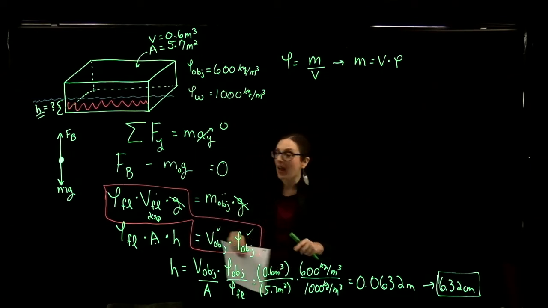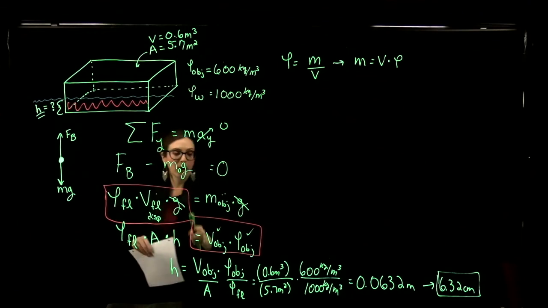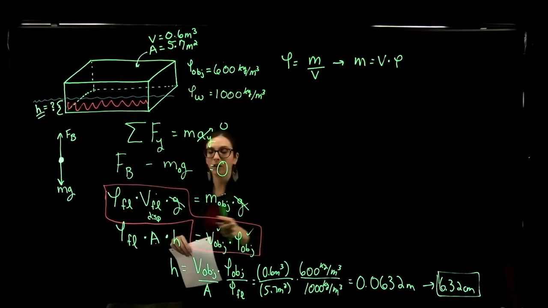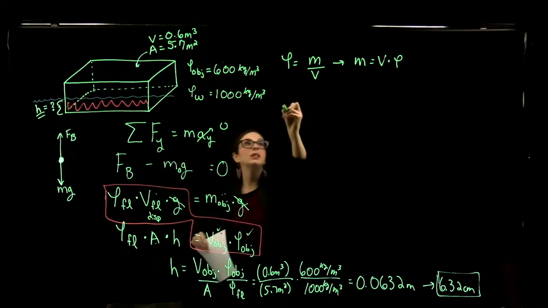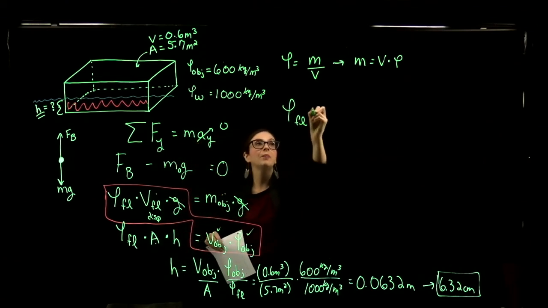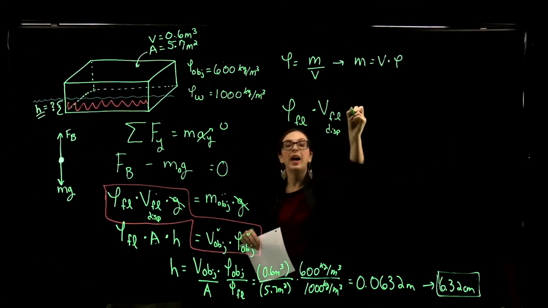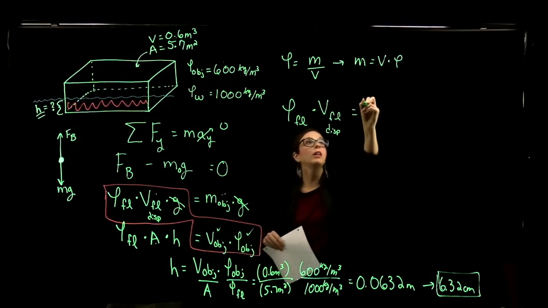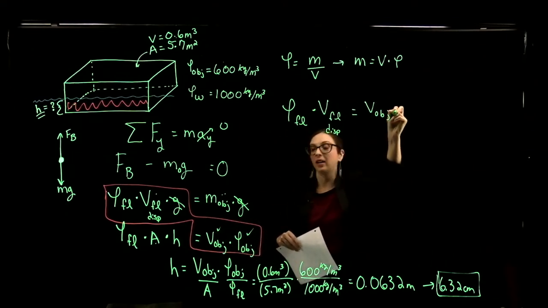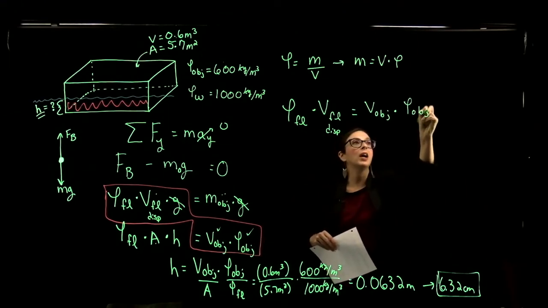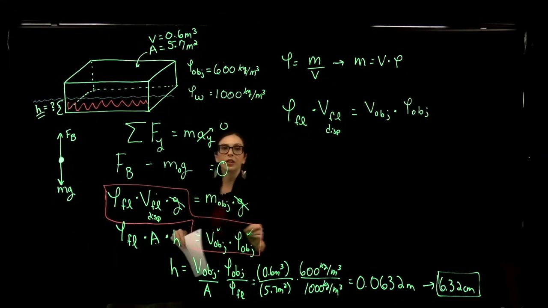And to find that, I can come over here. We've already derived essentially the equation we need. This part boxed in pink right here, I'm saying that the density of my fluid times the volume of the fluid displaced has to equal the volume of my object times the density of my object. We already derived that over here.